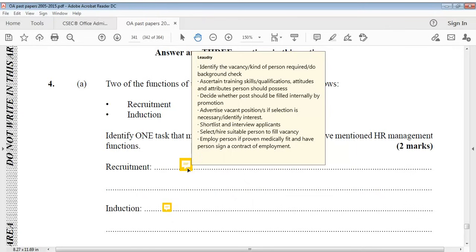Shortlist and interview applicants. 6. Select or hire a suitable person to fill the vacancy. 7. Employ the person if proven medically fit and have the person sign a contract of employment. So those are some of the tasks that you would select from. Any one from those 7 could be your answer.